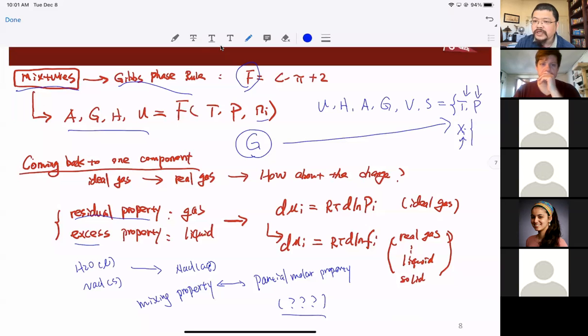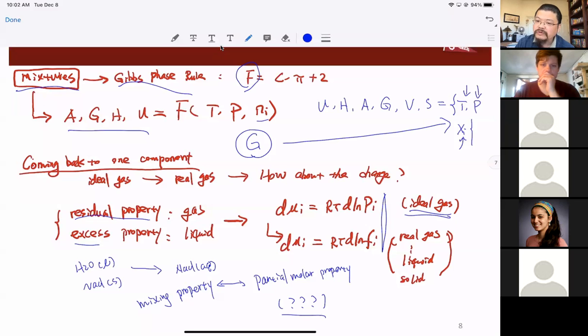This is one reason that knowing Gibbs energy as a descriptor is not enough. The other reason is now we've spent so much time and we have a very good understanding of the ideal gas. I always want to take advantage of that understanding, try to see the deviation, try to make an approximation that maybe the temperature and the pressure are not terribly high, so maybe we can assume the ideal gas. So this is why in the following discussion, we always refer to the ideal gas as a very good comparison.